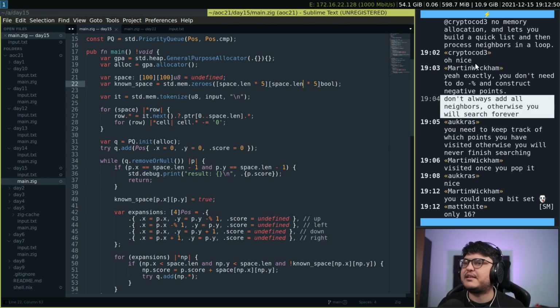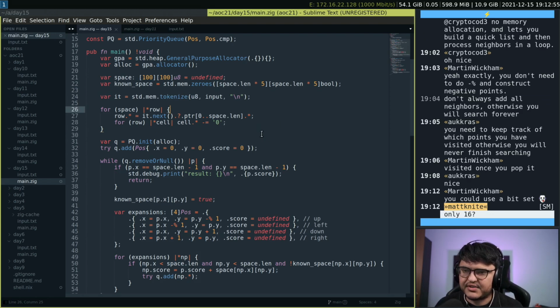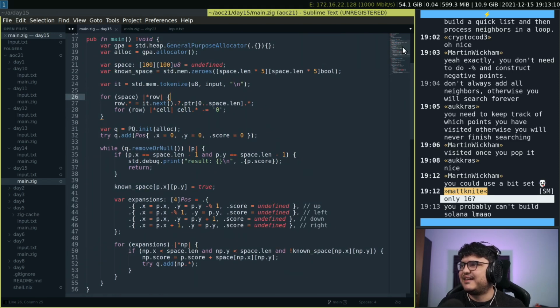Only 16, well, that's the max that you could get with the M1. Like, the new one can go up to 64 gigs, but this one just has up to 16. You probably can build Solana. Well, such is life, I guess.